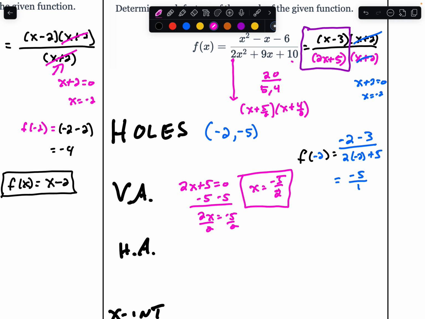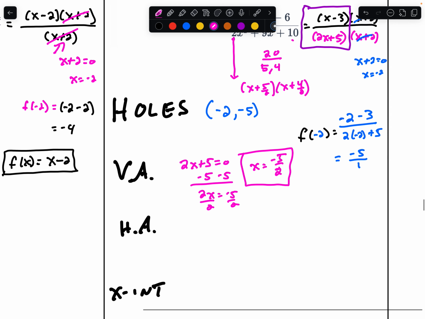Okay, -5 over 2. The next thing I want to look at, and again, remember, I'll rewrite the function down here after it's simplified just so we can look at it. I've got x minus 3 over 2x plus 5.